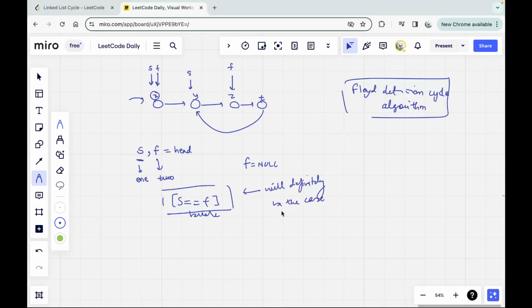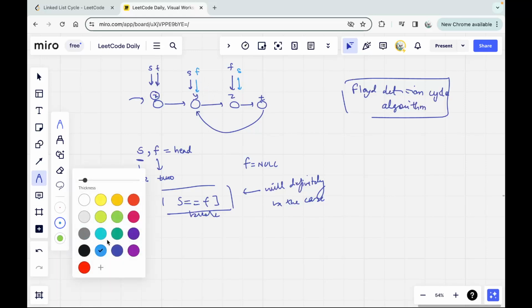Now how come this will be the case? Let's see in this particular test case. Let me take a different pen. So your slow pointer is here, your fast pointer is here. In the next iteration, where will your slow pointer be? It will be here. Where will your fast pointer be? 1 unit, 2 units, it will be at this position. Again, they are not at the same position.